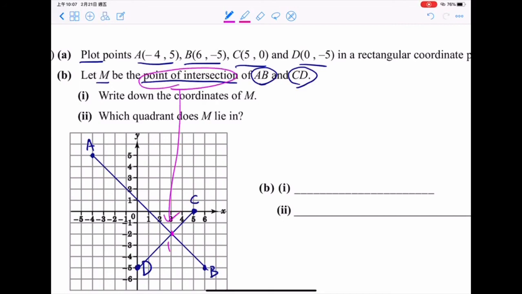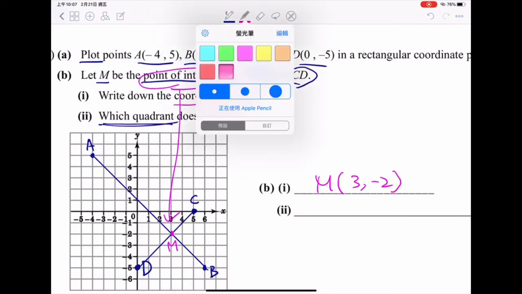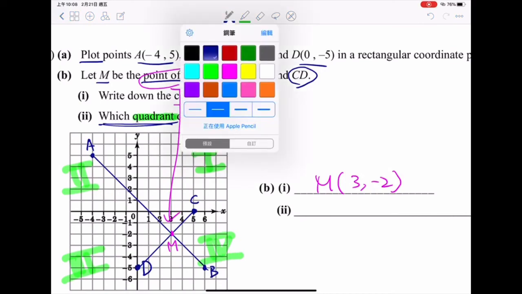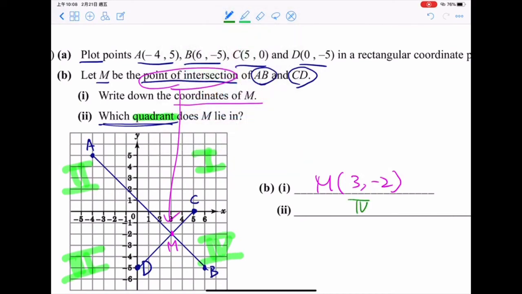This is M. Write down the coordinates of M. M is 3, -2. So finally, which quadrant? Still remember the word quadrants. So 1, 2, 3, and finally 4. So the answer here is quadrant 4. That's it.